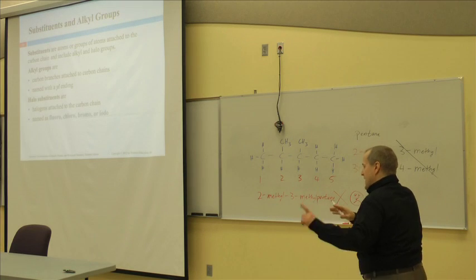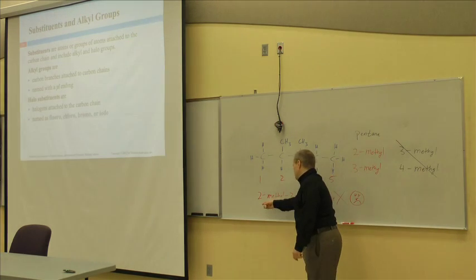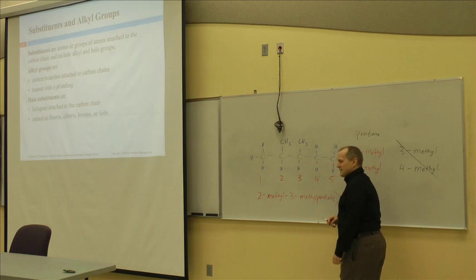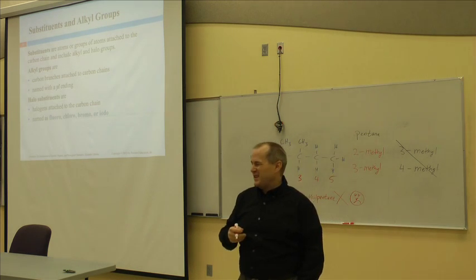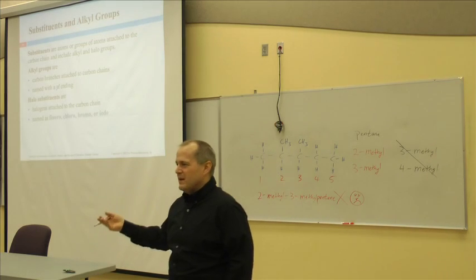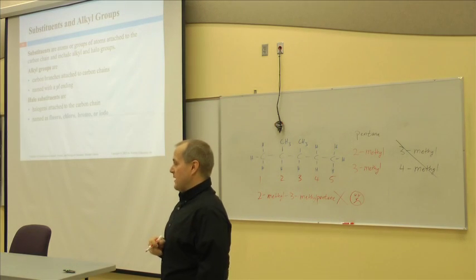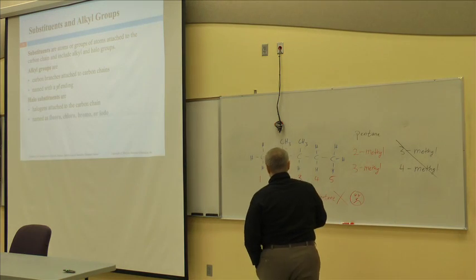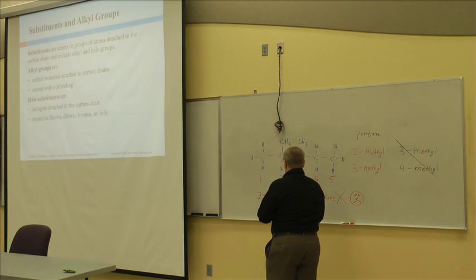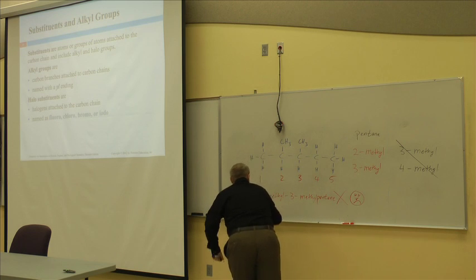Now, I drew that up there so we could look at it. If you were inventing a naming system, would you write this 2-methyl-3-methylpentane? Does that even flow off the tongue nicely? It doesn't, does it? There's got to be a better way than that, right? In fact, there's a much better way than that. Here's how you write it correctly. Let's write it in black. 2,3 dash.